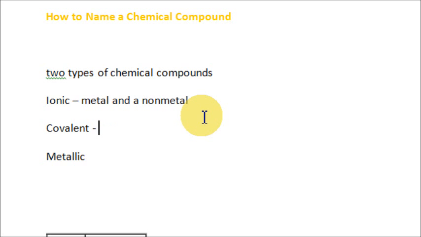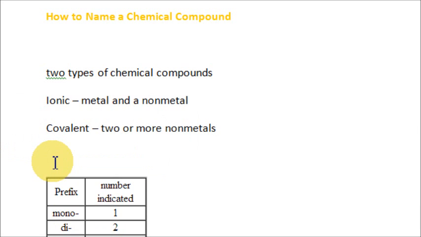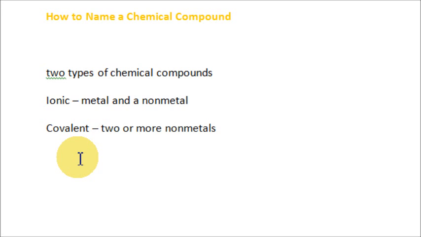Covalent is between two non-metals, and metallic is between metals, or more. Depending on which of these three it is, the naming is different. We're not going to worry about the metallic.